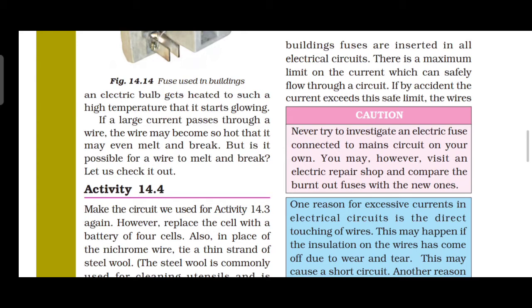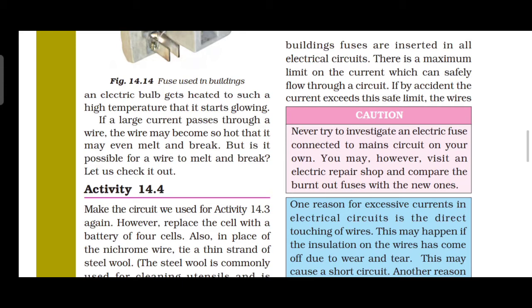If there is any accident and the current exceeds the safe limit, the wire becomes so overheated that it causes fire.